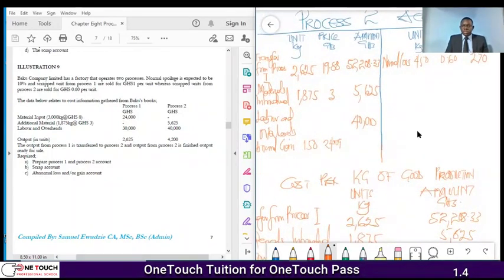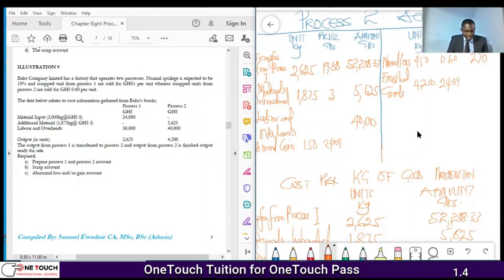So here we have the normal loss. Okay, good. So we have finished goods. The finished goods was 4,200, and that can also be valued at 24.09.